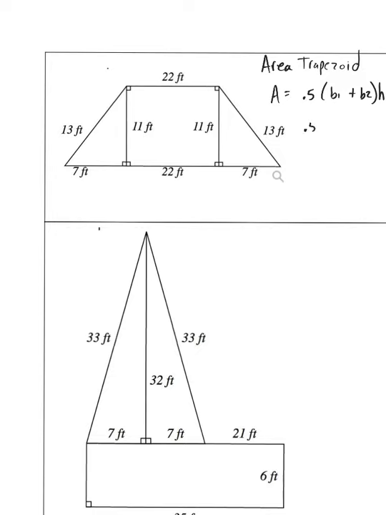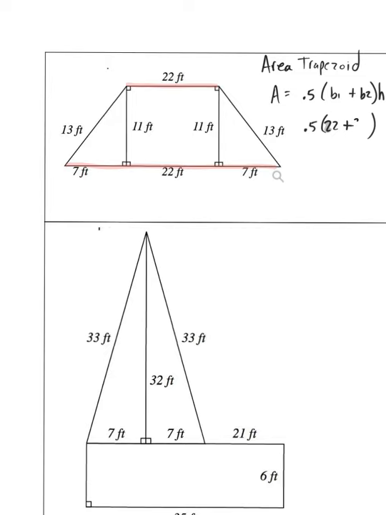So 0.5, remember the bases are the parallel sides, 22 and all the way across the bottom. So we put in the 22, plus, if I add up 7 plus 22 plus 7, I am going to get 36.